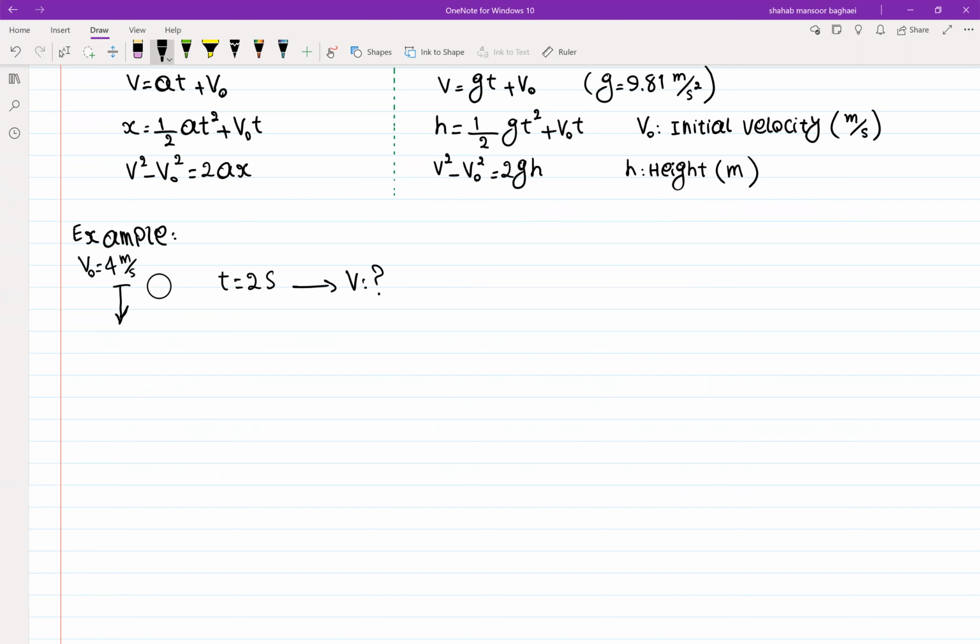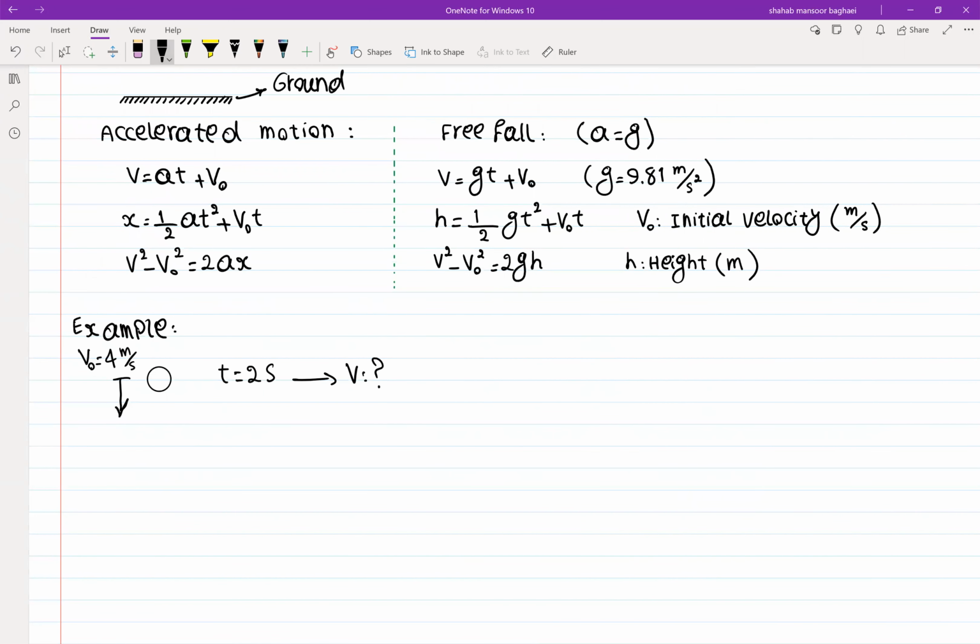Okay, that's completely clear and straightforward. Use equation number 1, the v equation, because you have t and you have always g. You should memorize this number, 9.81. You have to memorize it. And you have v0. Therefore, just use the first equation here and plug it in. v is gt plus v0. That's 9.81 times 2 plus 4.